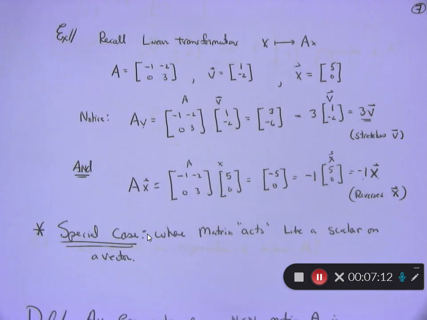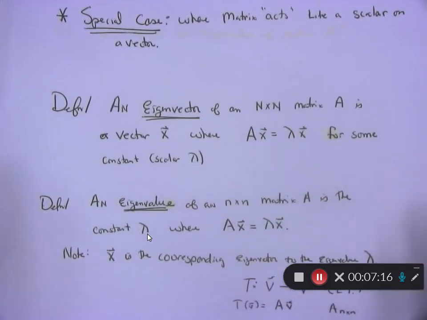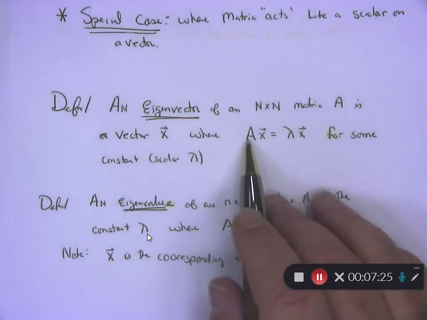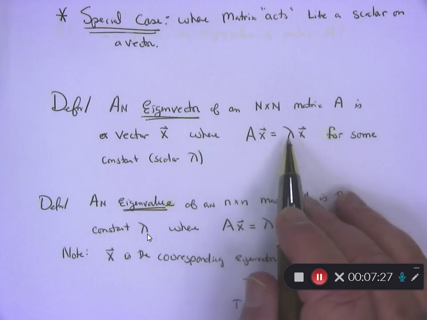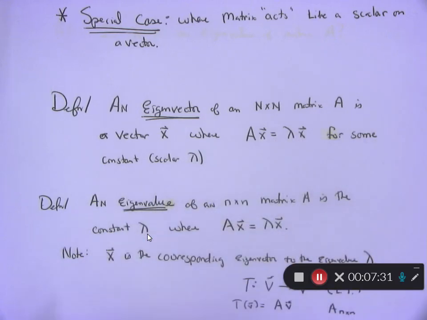Now, here's the big definition. An eigenvector of an n by n square matrix is a vector x where A times x is equal to lambda times x, for some constant scalar lambda.